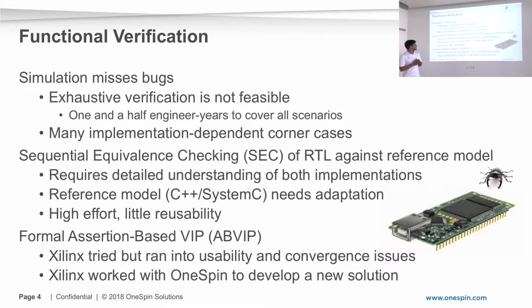Another solution on the market is sequential equivalence checking, where the RTL floating point arithmetic implementation is compared against a reference model. This model can be another RTL, or a reference model developed in C++ or SystemC, but these reference models need adaptation, the high effort does not pay off, and there is little reusability.